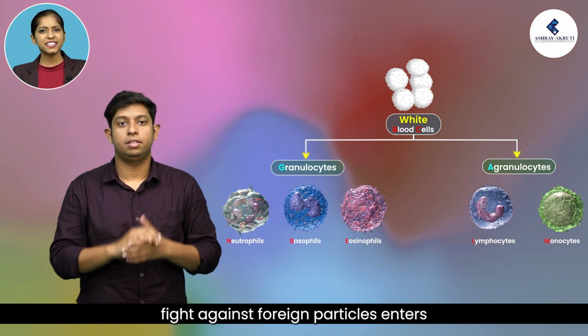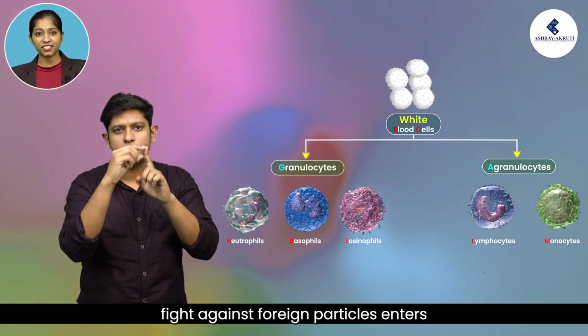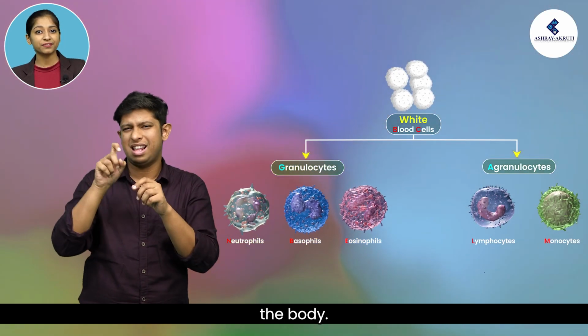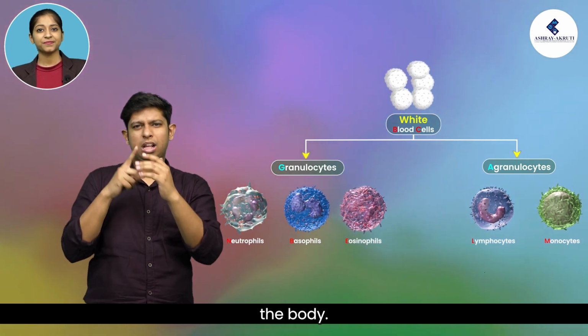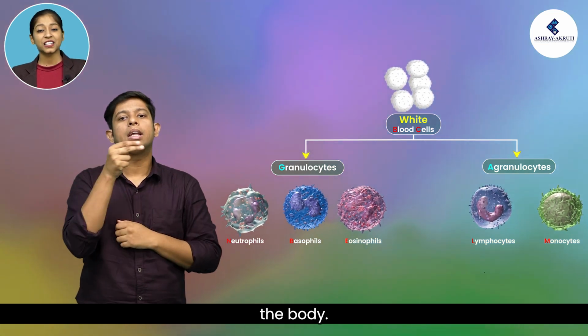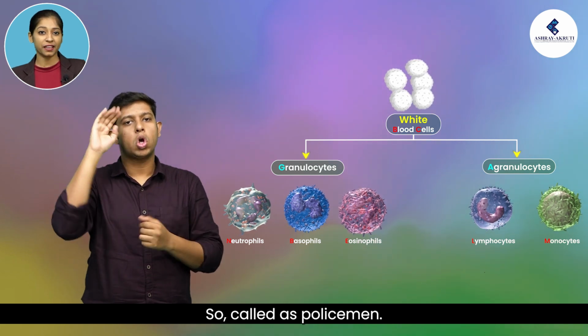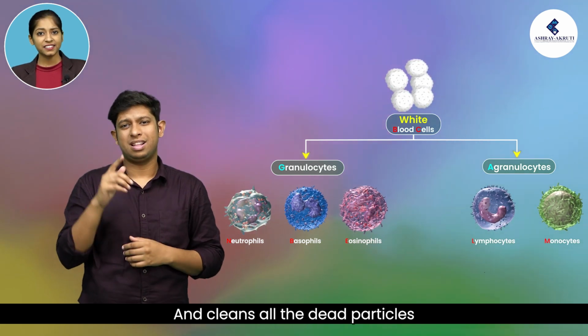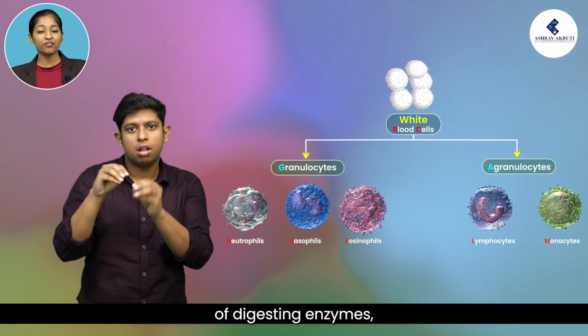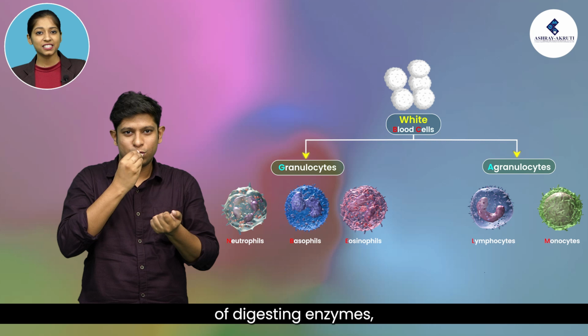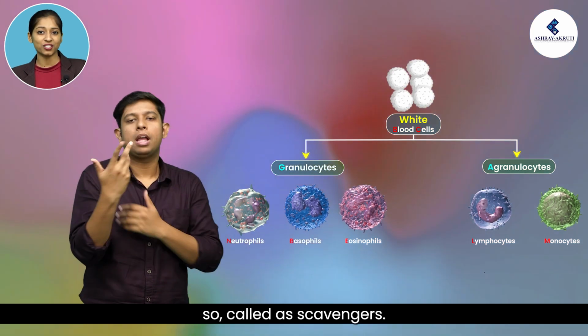Neutrophils fight against foreign particles that enter the body, so they are called policemen, and clean all the dead particles with the release of digesting enzymes, so they are called scavengers.